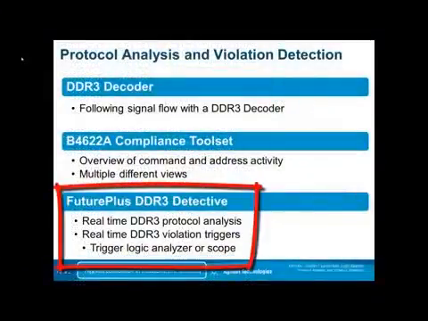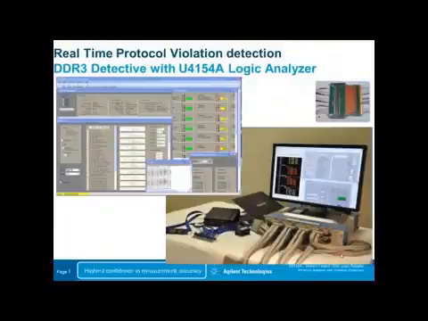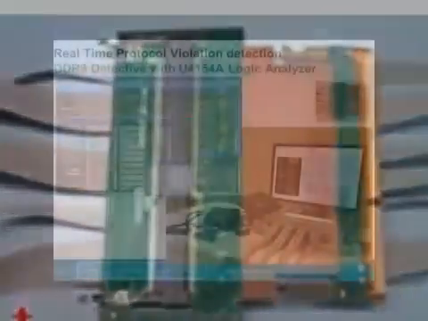For our next example, we'll add the Future Plus DDR Detective for real-time triggering on the logic analyzer. The Future Plus DDR3 Detective works on BGA probes, DIMM interposer, or the SO-DIMM interposer.